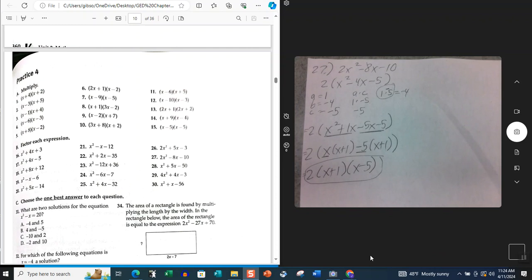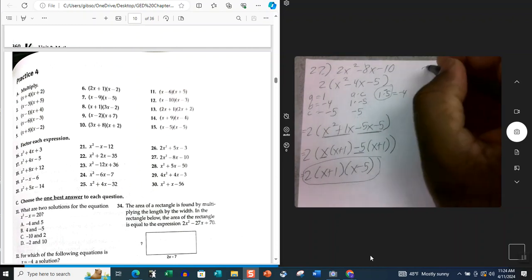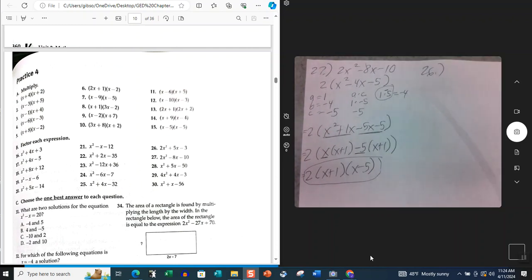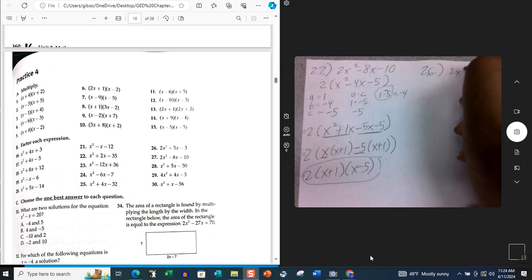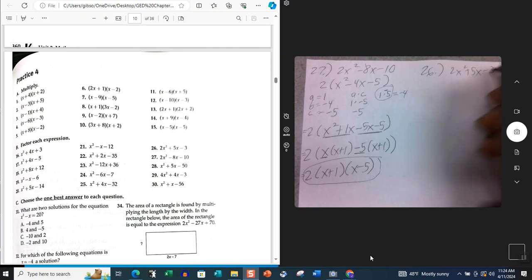Okay, now we're going to do one more problem from this exercise here. And I think I want to do problem 26. Problem 26, we had 2x squared plus 5x minus 3.